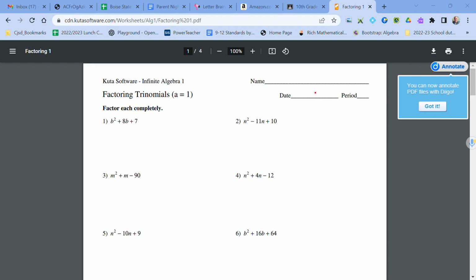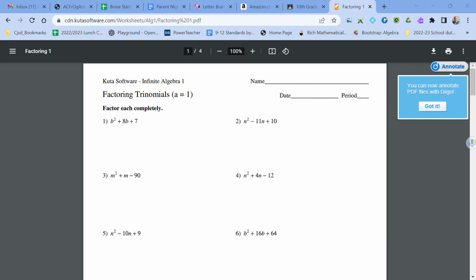This one has a measure of m and another measure of m, so its area is m squared. So what would this corner over here be? This measure is still m, and this measure is still negative 9, so m times negative 9 is negative 9m. And here this measure is still m, and this measure is still 10, so if I multiply together, I get 10m.